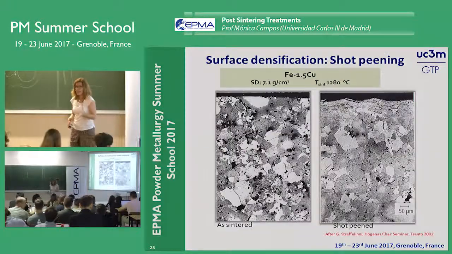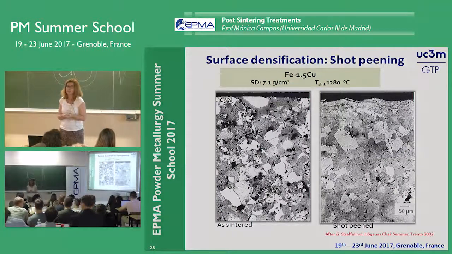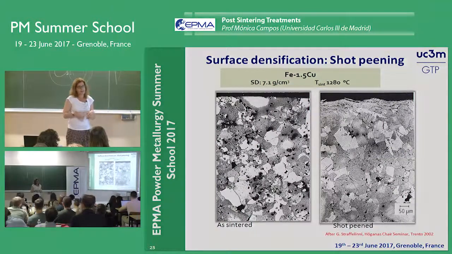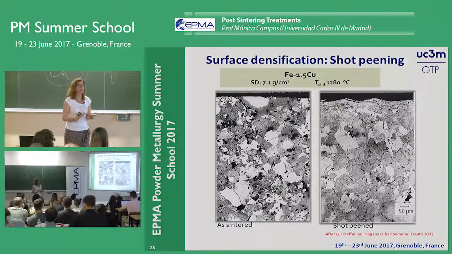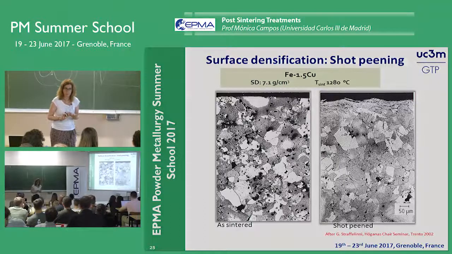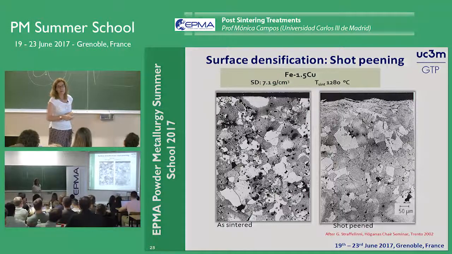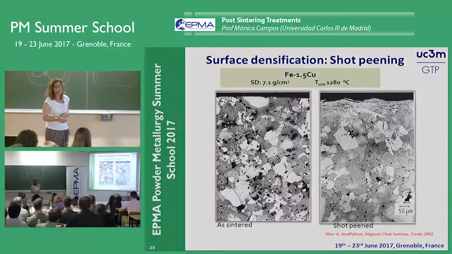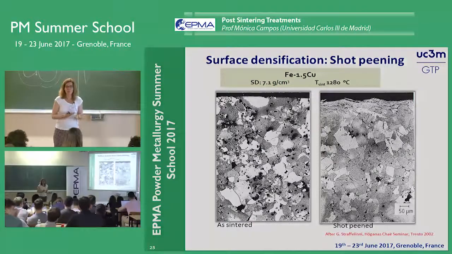What happens if I shot peen my surface extremely, much more than my material can absorb? Here you can see the delamination that can occur if we heavily deform the surface by shot peening. Here it is evident, and you can see this delamination and cracks just by watching the component.